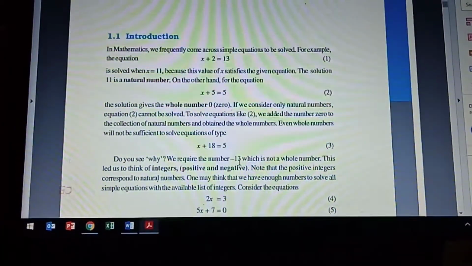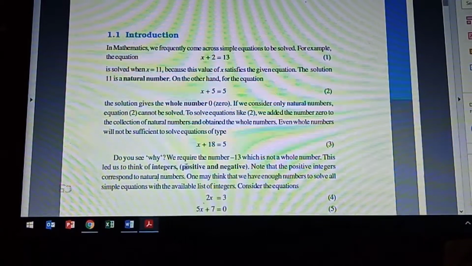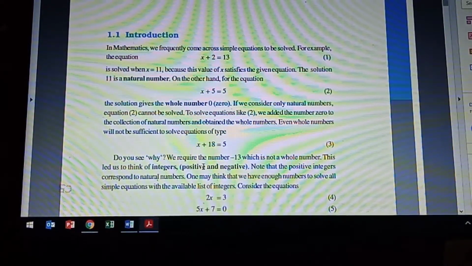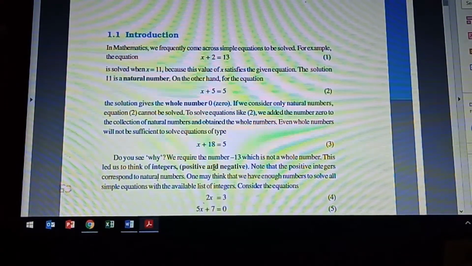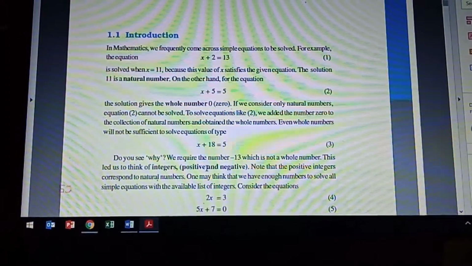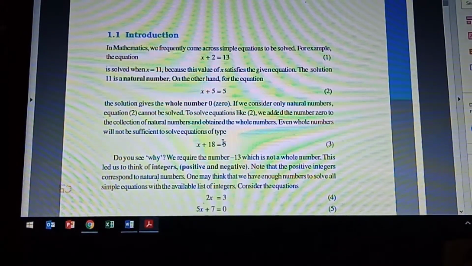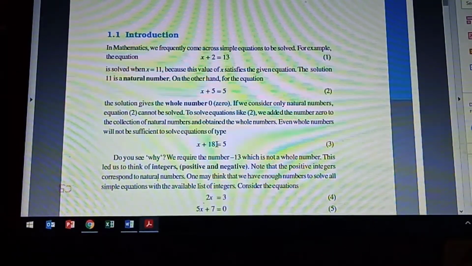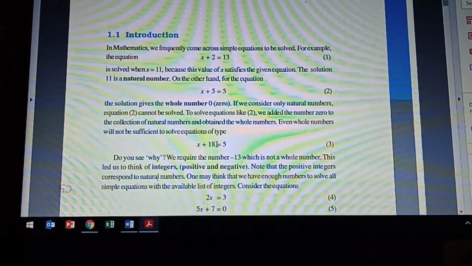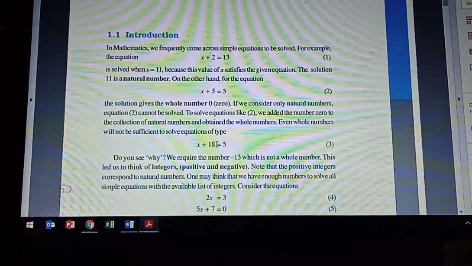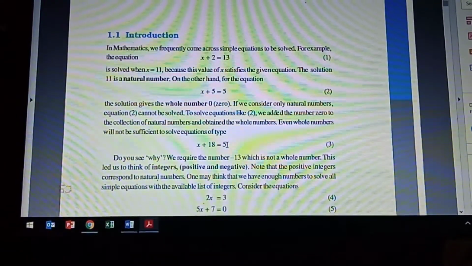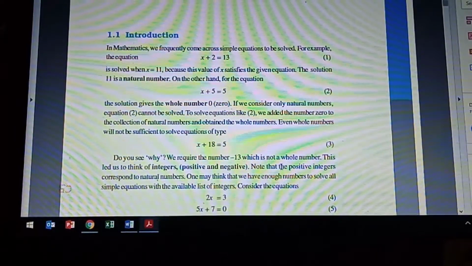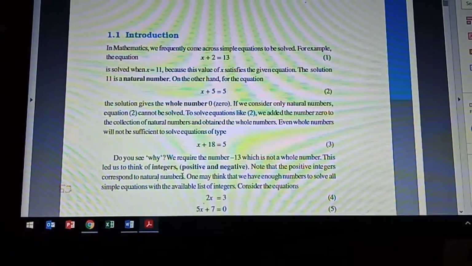So this is a positive integer and this is a negative integer. Before also I have told you that if the value comes out negative, it is considered a negative integer. If it becomes positive, then we can say it is a positive integer.